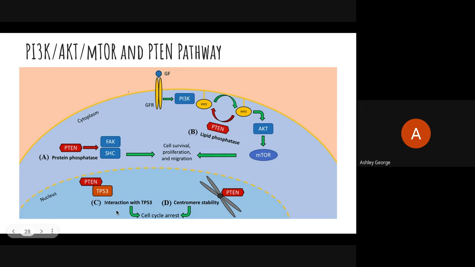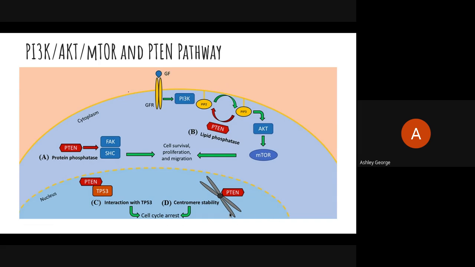So moving down to C over here, PTEN actually does interact with TP53, and it can result in cell cycle arrest by increasing the stability of the TP53. So if the PTEN is mutated, it is not able to do that and it is more difficult to cause cell cycle arrest.